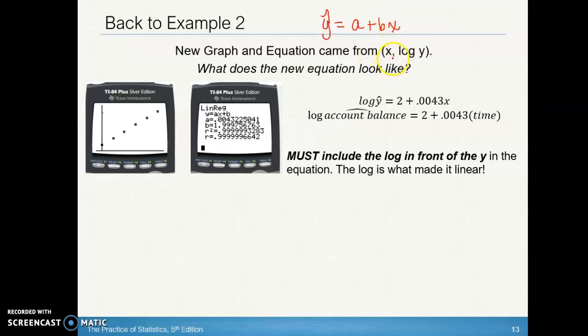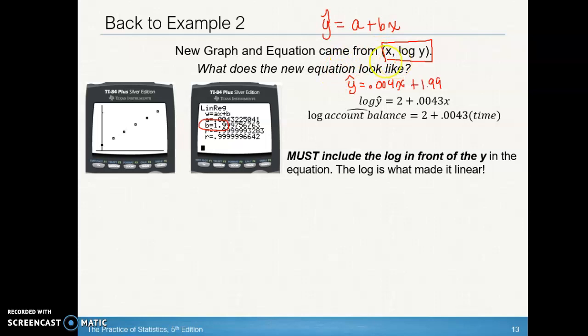If I was going to rewrite that equation in the form y equals ax plus b, my slope is 0.004, because the a is in front of the x, and there's my y-intercept plus 1.99. Now, this is not correct. Even if you put the y hat here, this is not correct.